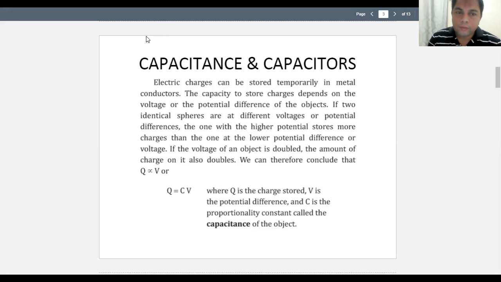So we have here our capacitor. The capacity to store charges depends on the potential difference, or the voltage. If you put the capacitor across two different electric potentials, then charges will eventually flow.